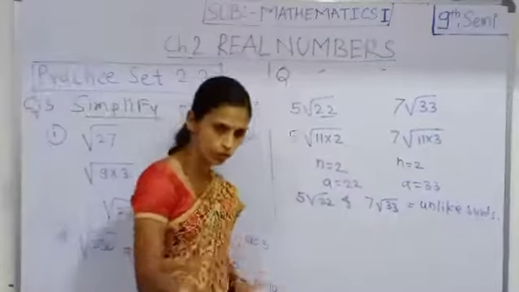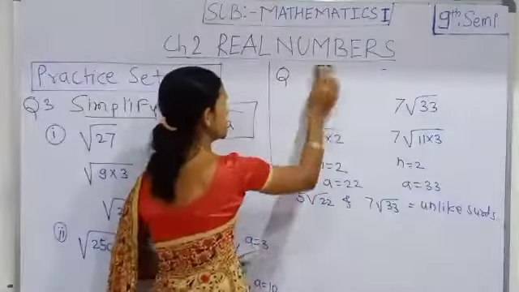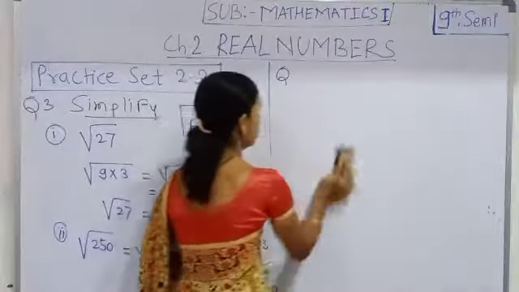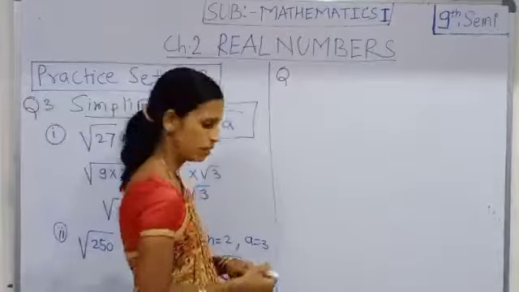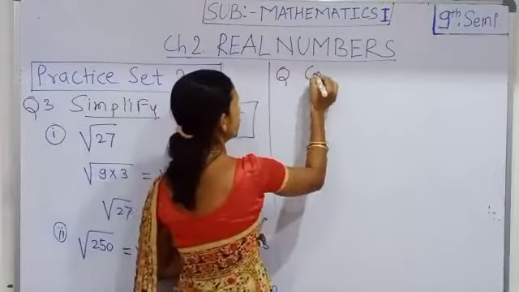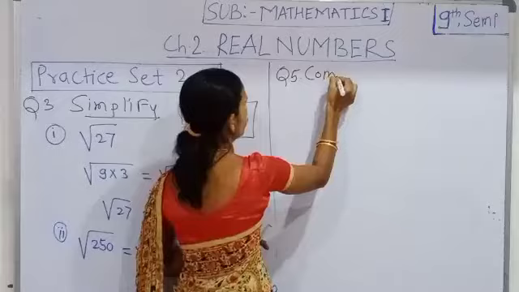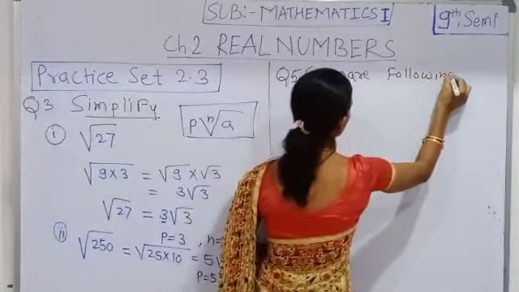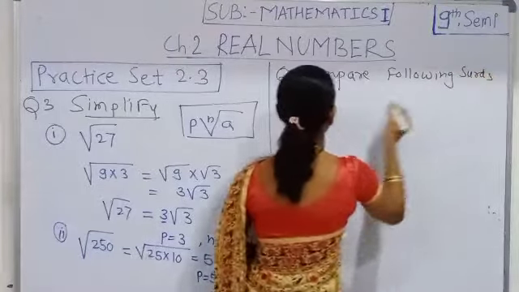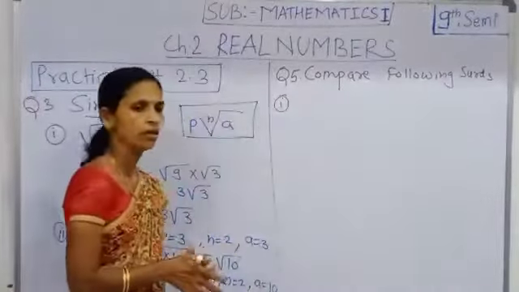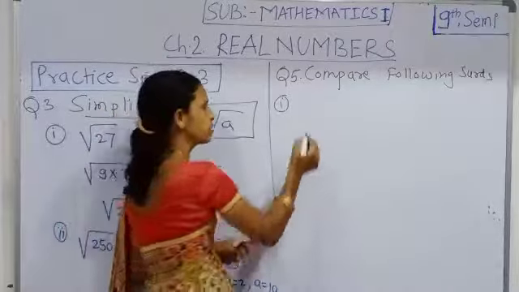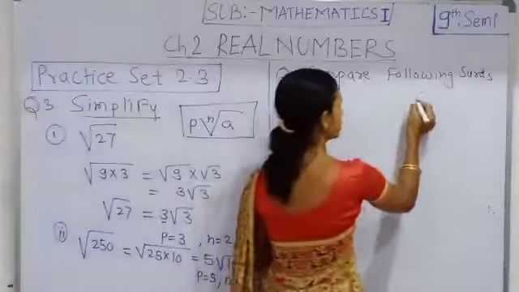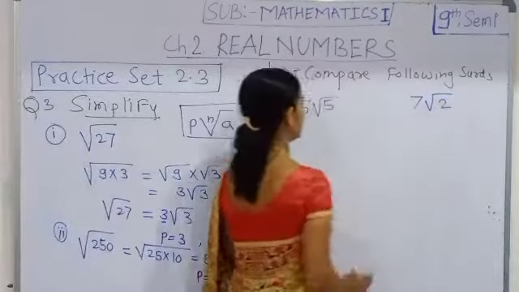Then a few more examples are given in question number 5. Then we have to compare those surds. Compare the following surds. One of the pairs of surds given here is 5 root 5 and 7 root 2.